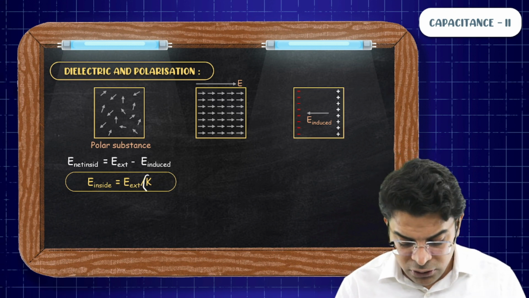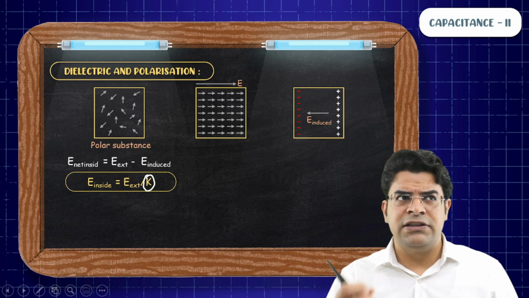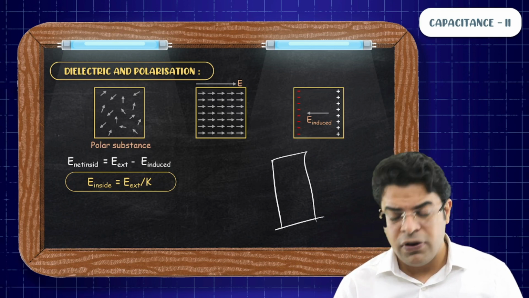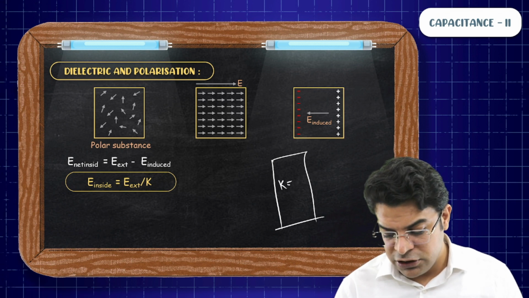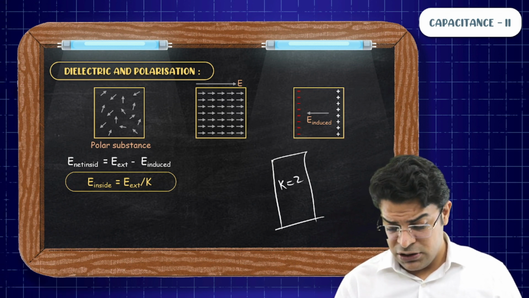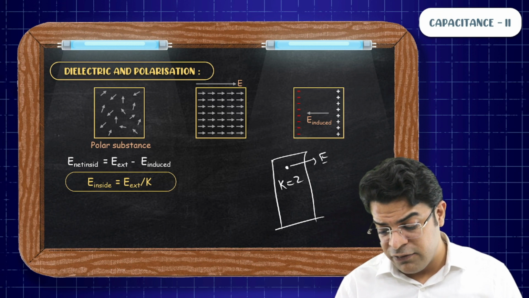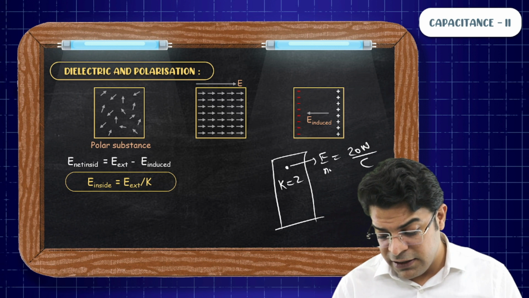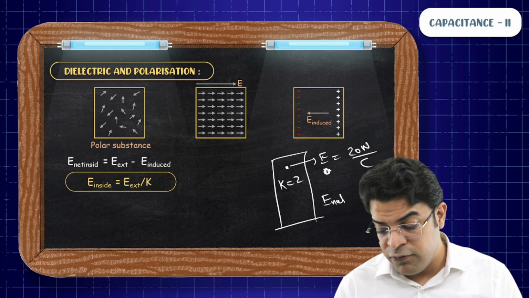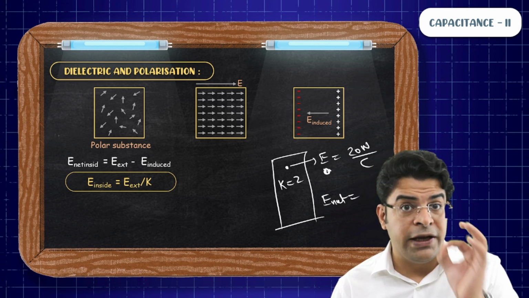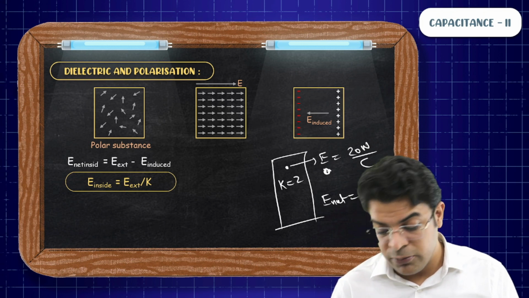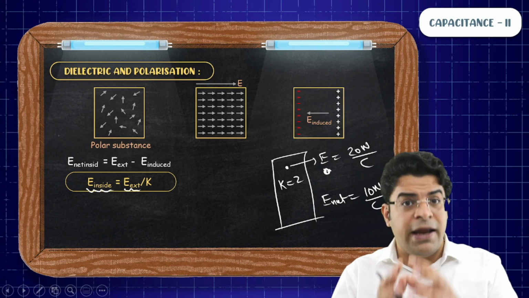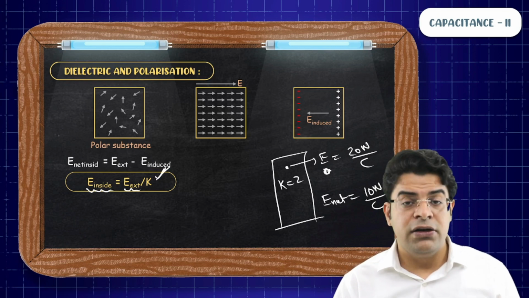Now, once you know that the net electric field inside is K times smaller, think of it this way. If you have a material of dielectric constant 2, and you wish to create at this point an electric field of 20 Newton per Coulomb, the net electric field created will be half of what you tried to create. So that will be 10 Newton per Coulomb. The net electric field inside equals the electric field that you wish to apply at the point divided by the dielectric constant.